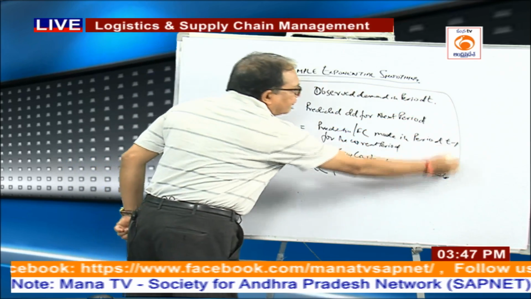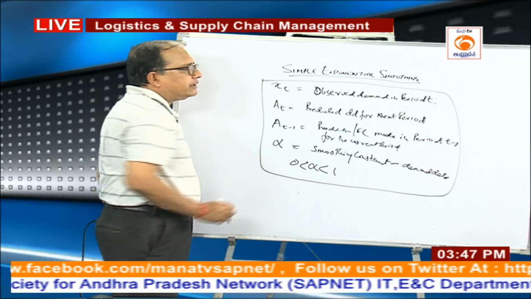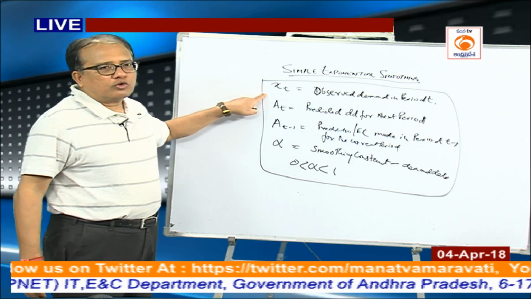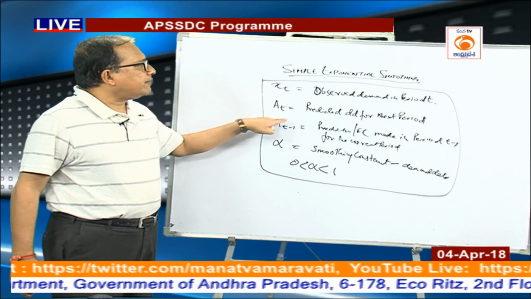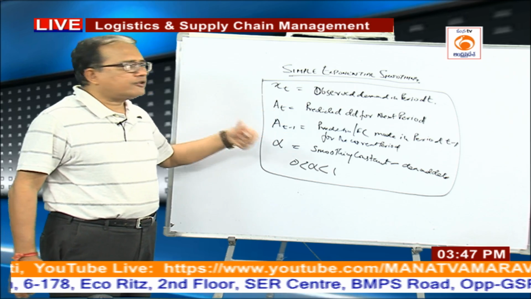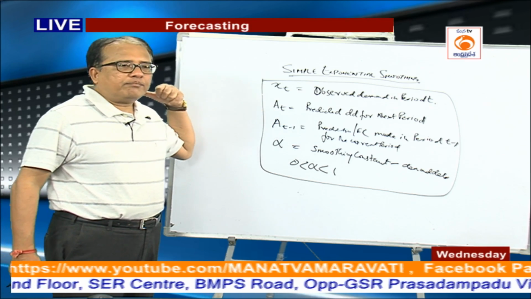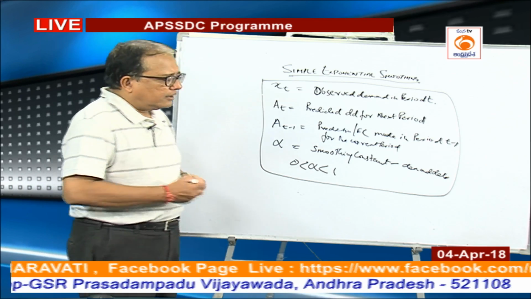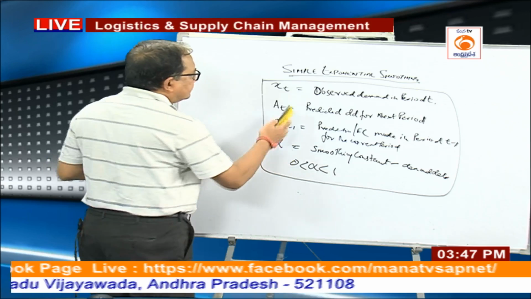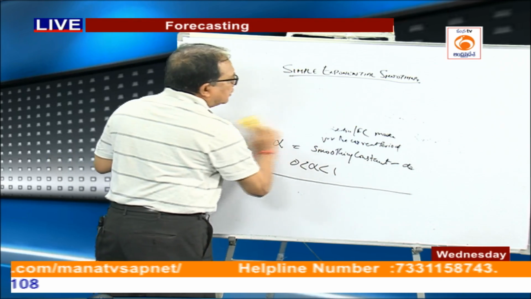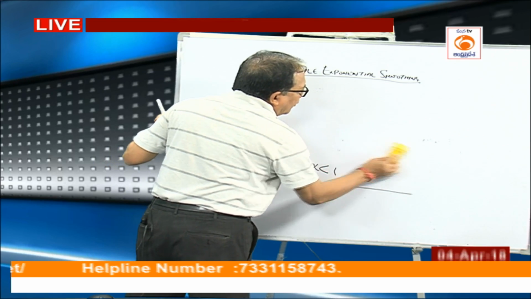So, I leave this for a while in case any of you are willing to make a note of it. X t is the observed demand in period t, A t is the predicted demand for next period, A t minus 1 is the forecast made in my previous period for the current period, alpha is the smoothing constant. So, what do I need to do?